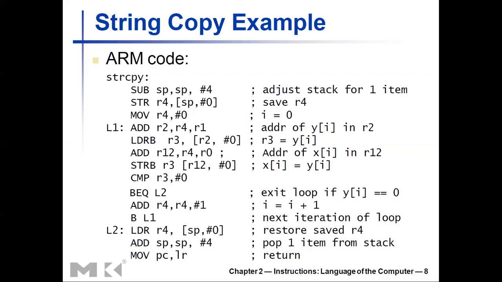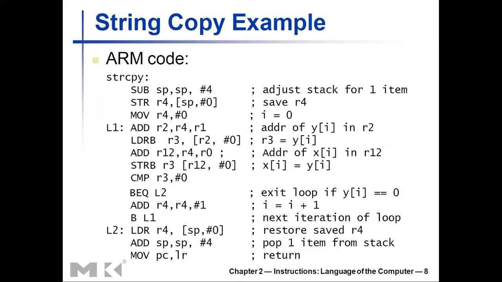With just LDR, we are not only taking 1 byte, we are taking a full word. That is 0, 1, 2, 3 locations are going to be fetched from memory, and they are going to be loaded into a register. But here with LDRB, load register byte, we are going to take only 1 byte located at that specific location.